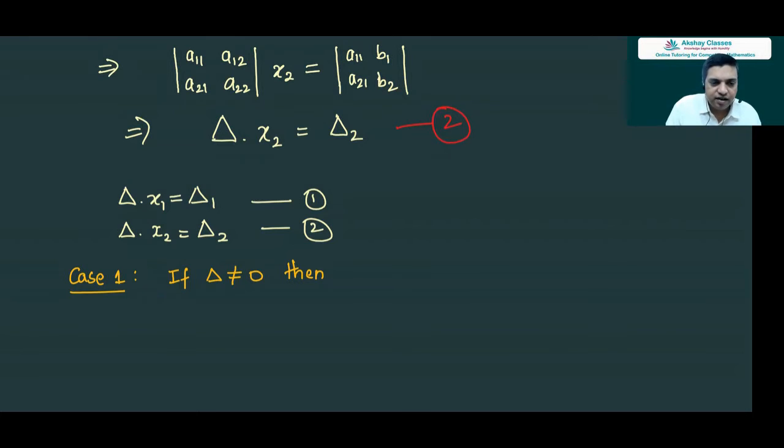Then we get x1 is delta 1 upon delta, and x2 will be delta 2 upon delta. So it's a division by a non-zero entity. So you will get some finite values of x1 and x2.